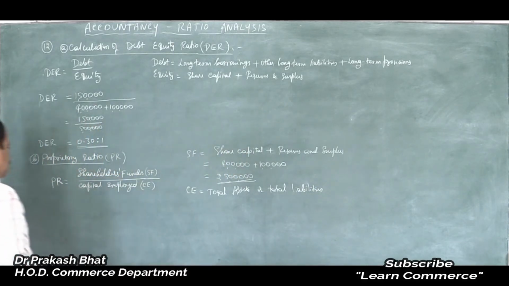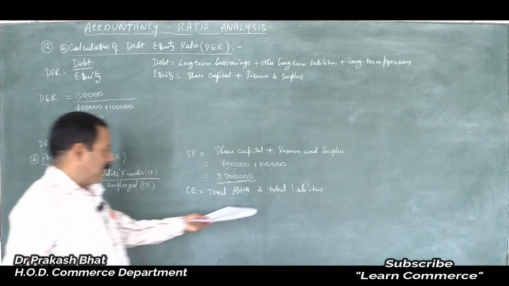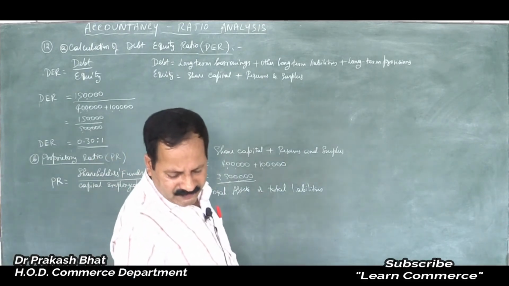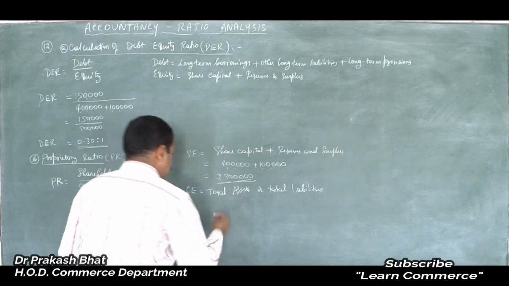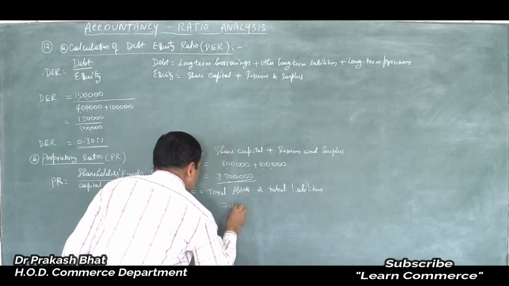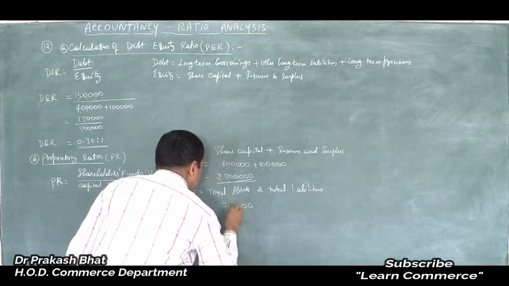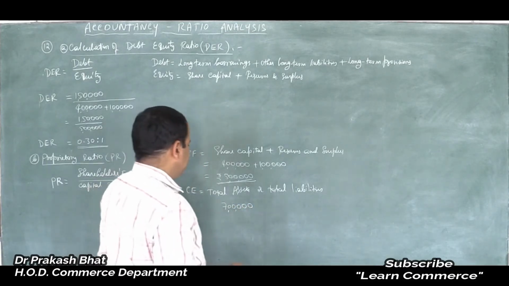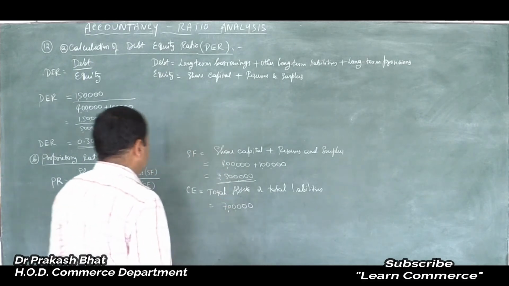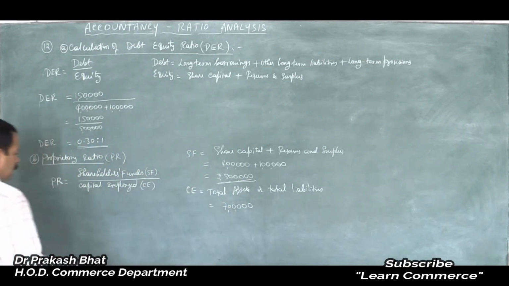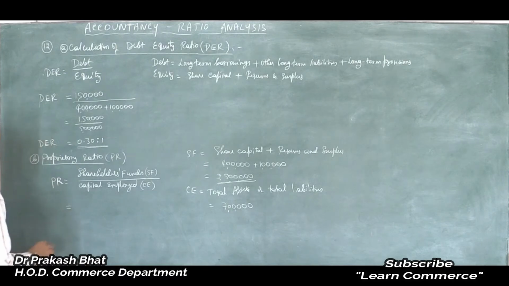It is given in the problem. Total assets is how much? 7 lakh. Very simple.